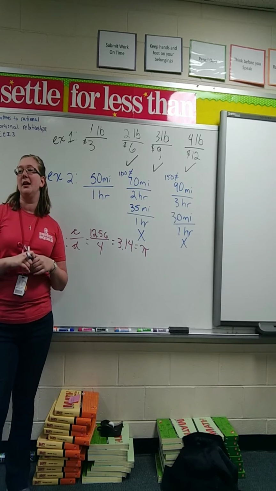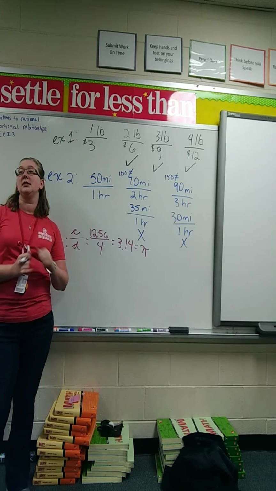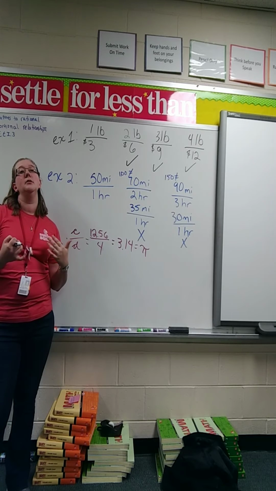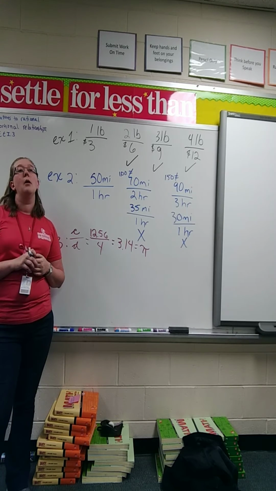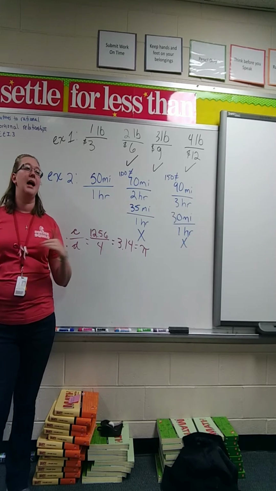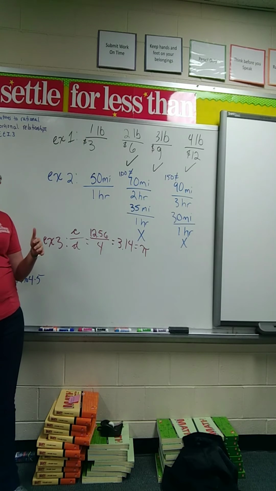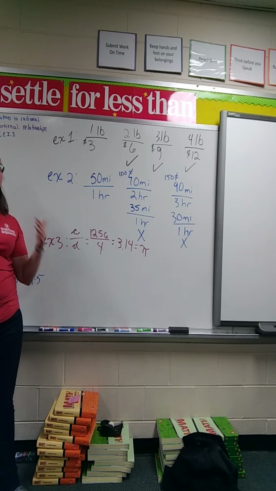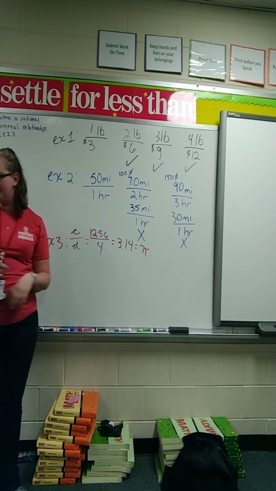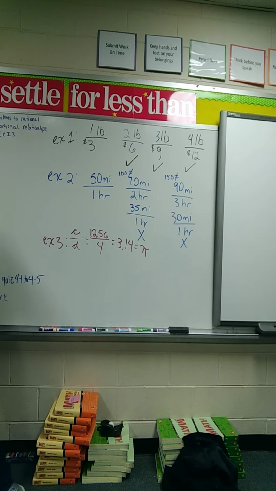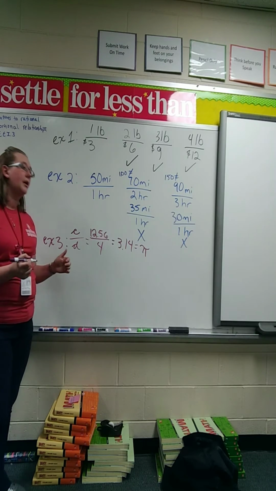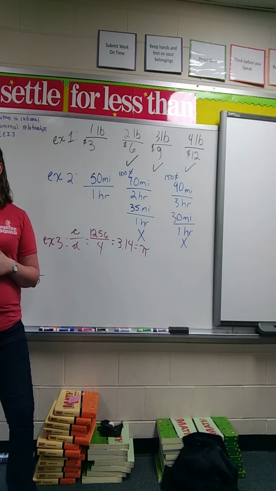So we found that constant of proportionality, assuming that this is proportional. What we're going to do is apply that. The problem asked us to find a constant of proportionality, assuming that it was proportional. Did that happen? Yes. Okay. Then it asked us to find the circumference if we know the diameter of a circle.